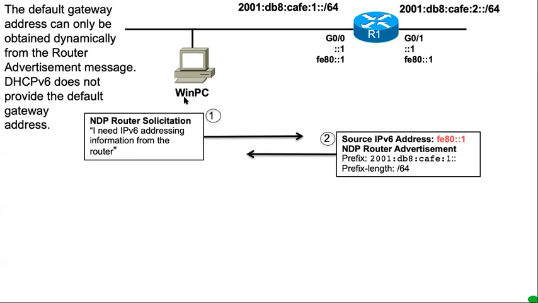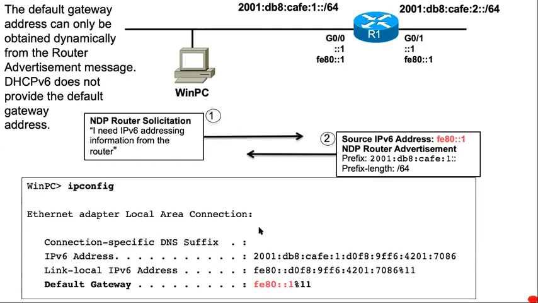This is how the devices on this link will get its default gateway. They will not receive this address from a DHCP server, like it does with IPv4. DHCPv6 does not provide this information.